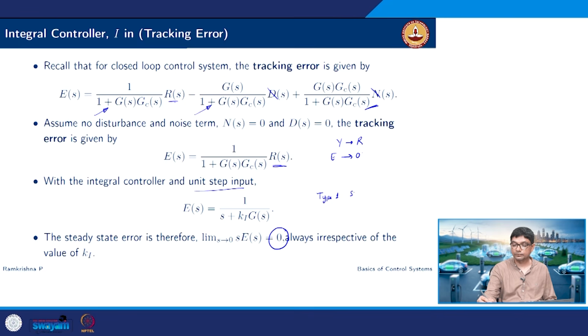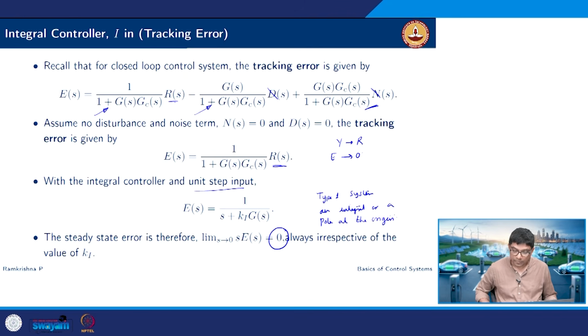We have seen this with respect to a type 1 system. A type 1 system has an integral component, or a pole at the origin.